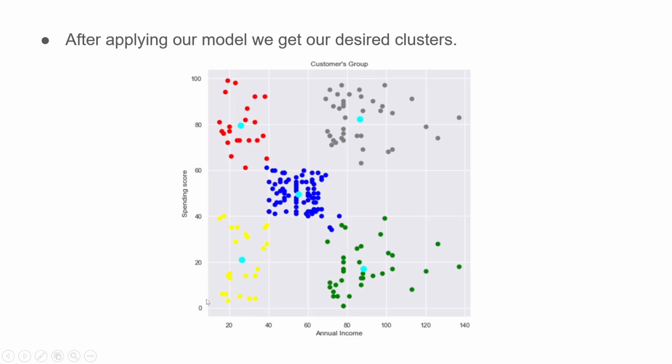The green cluster talks about the high annual income and low spending score. The blue one is the moderate, which means the annual income and the spending score both are in the moderate region. When I talk about red, it means the spending score of a customer is high, but the income is less. And the gray means both the spending score and the annual income of a customer are high.